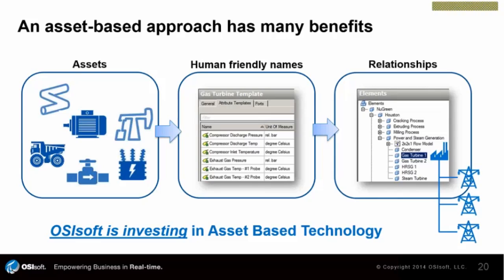Now, once you have built these asset representations inside the PI system, you can organize them in a logical manner. You can organize them, for example, based on geography, or based on connectivity of these assets, and maybe even process flow.